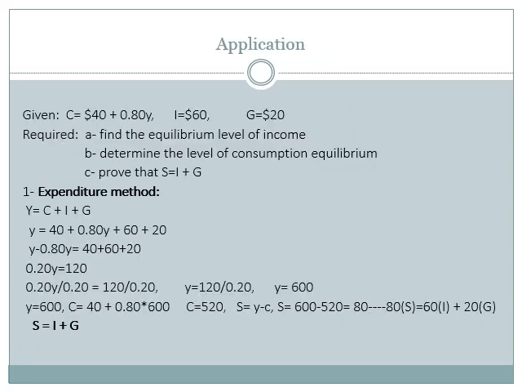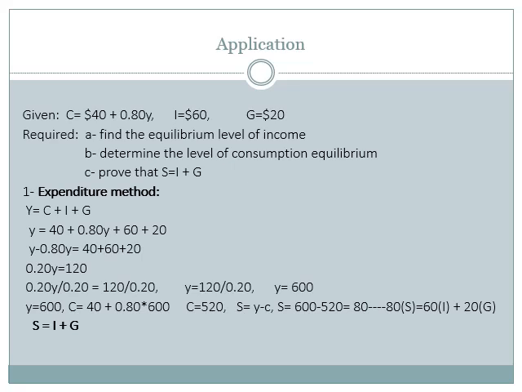Now let's see the application of the three sectors model. Given C equals 40 plus 0.80y, I equals 60, G equals 20. The requirements are the same: how to find the equilibrium level of consumption, and how to determine the equilibrium level of income.